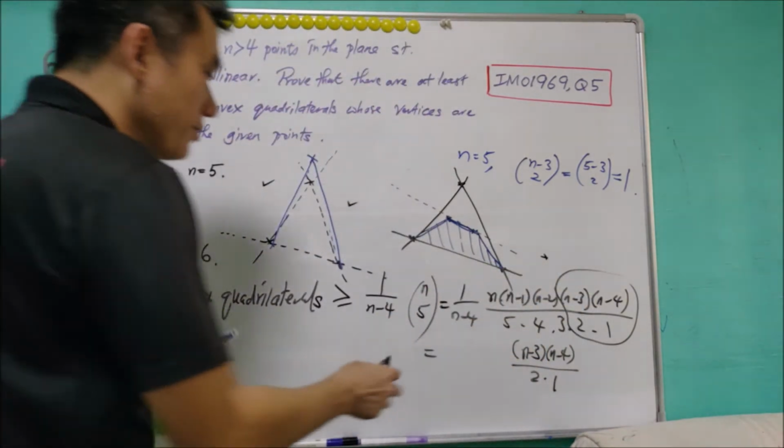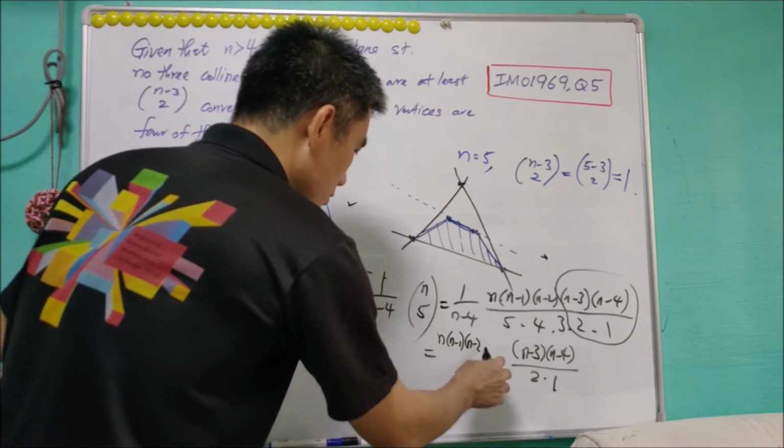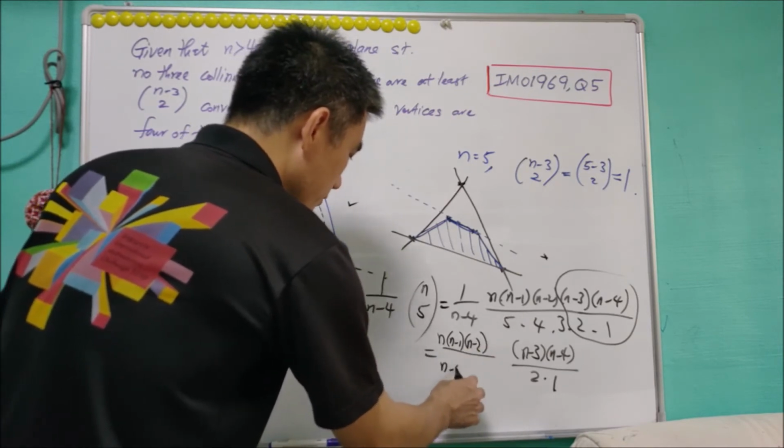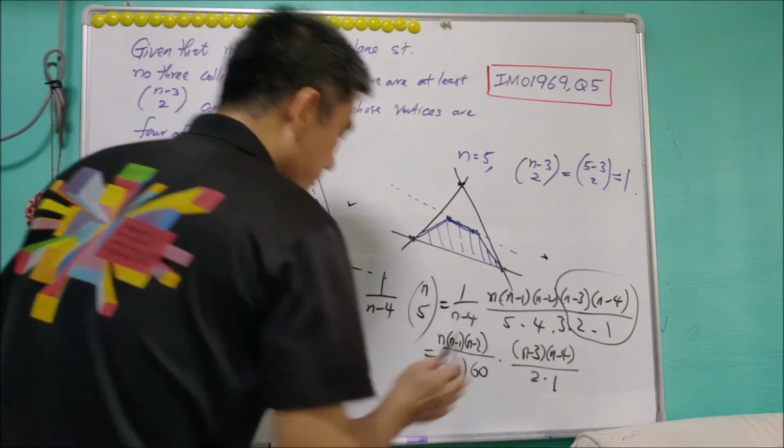So now we are left with n(n-1)(n-2) over (n-4), and we compare this with 60.